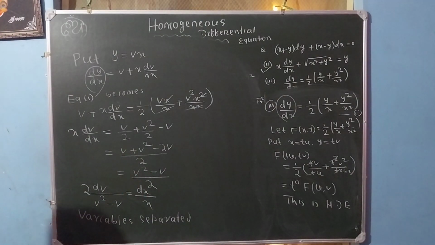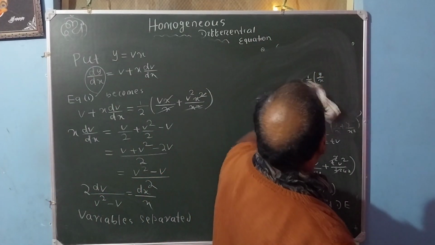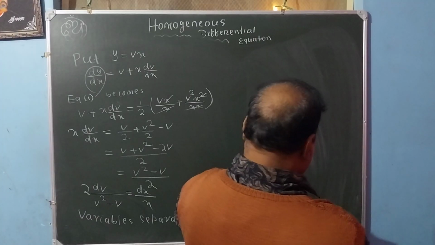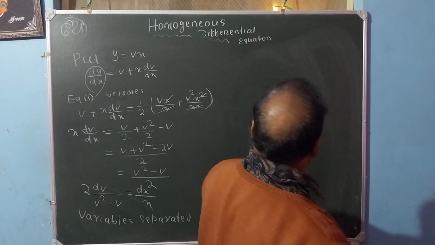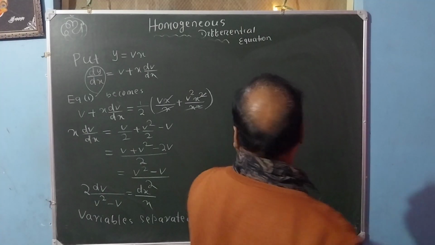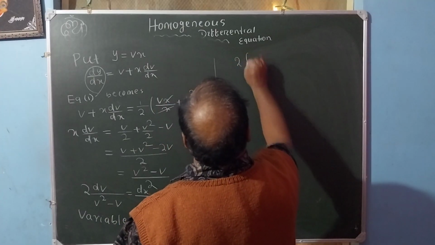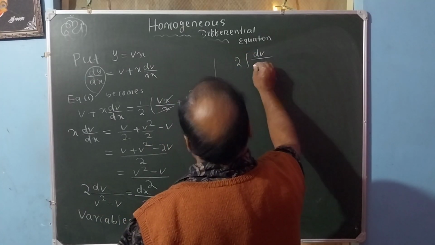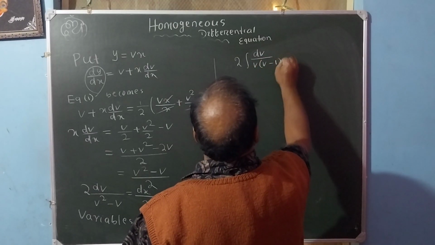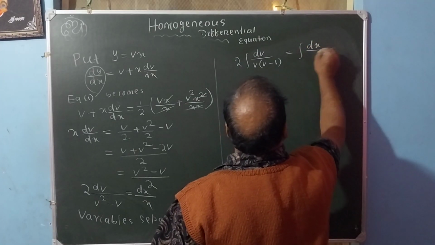Next, we have to integrate on both sides. Write down integrating on both sides. 2 integration of dv by v into v minus 1 is equal to integration of dx by x.